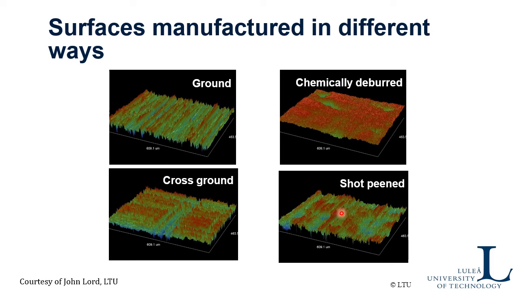That means that you are kind of shooting particles on the surface, making indents that flatten it out in some parts. And this is a chemically deburred, which is a chemical kind of polishing or finishing method. And so you see that the appearance is very different, even if the Ra could be the same in all 4 cases there.